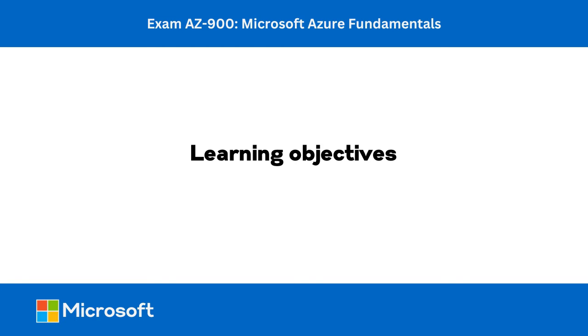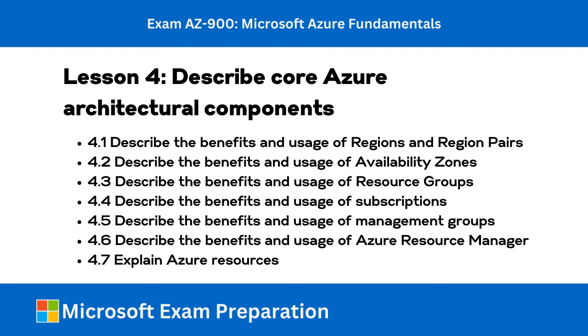Well, we've talked plenty about some general cloud concepts. In Lesson 4, you're going to start learning a lot more about Azure specifically. You'll learn about Azure regions and region pairs, and you'll find out how the Azure infrastructure is built. You'll also learn about availability zones and how they can help you with the reliability of your apps.